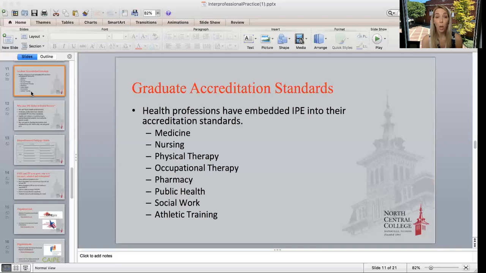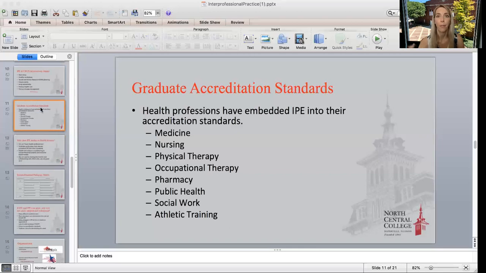But as a result of accreditation standards, all these programs that are listed on this slide have requirements to have interprofessional education within their program. So a major change over the last 30 years from not addressing it whatsoever.